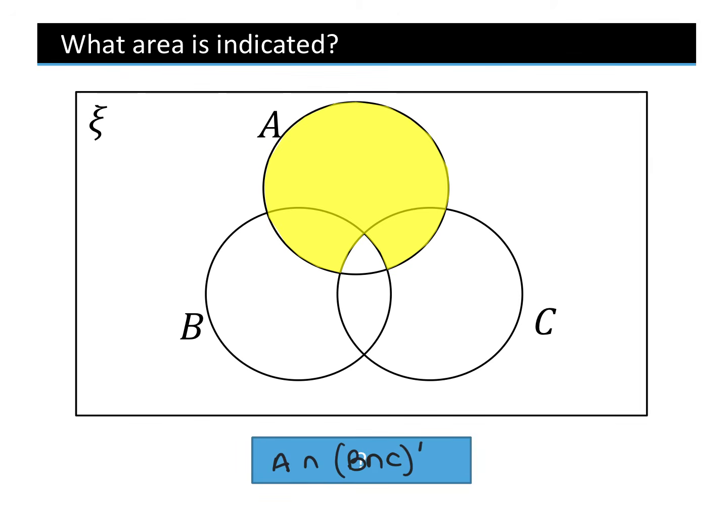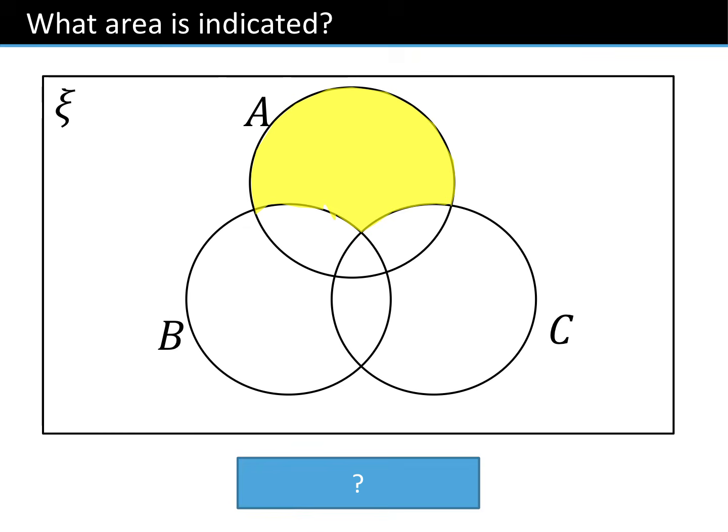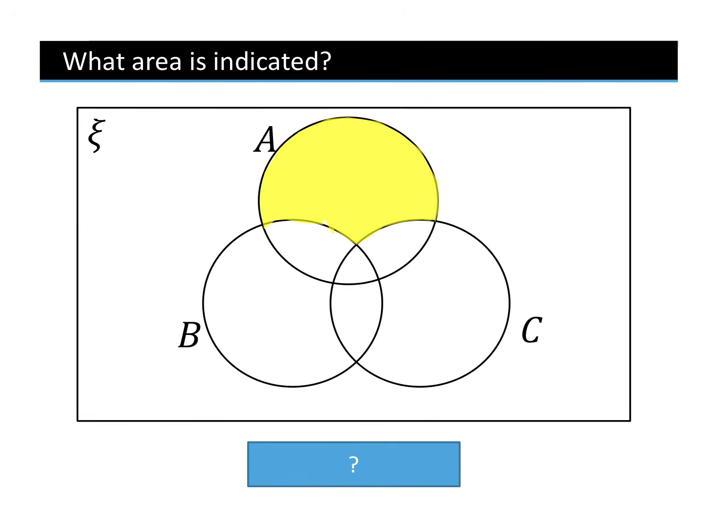Because this is A minus the intersection of B and C, isn't it? Okay, here we go. What do we have here? We definitely have A intersection, not B, intersection, not C.